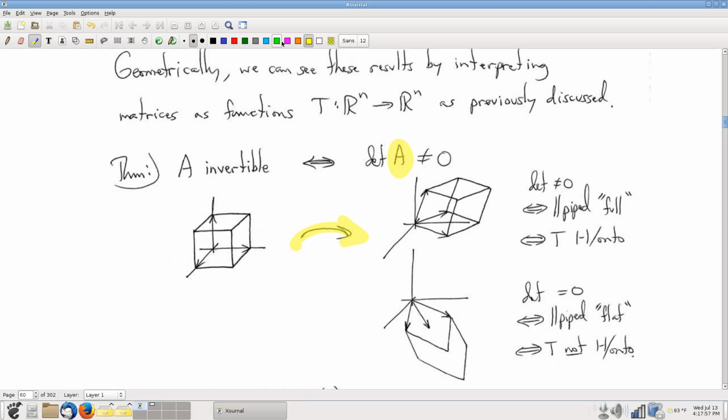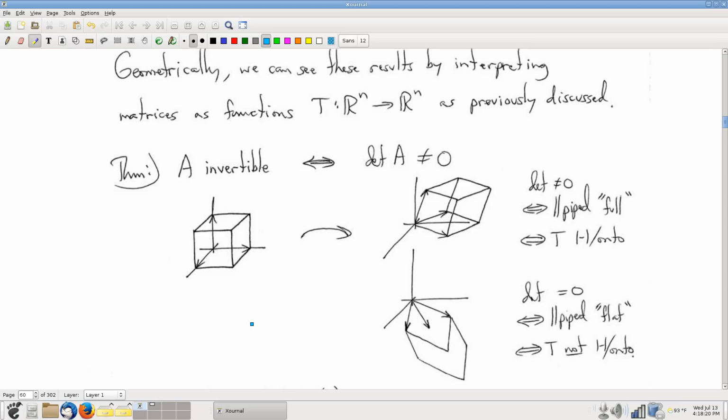In particular, we can think of what it does to the standard basis vectors, and then more to the point, what it does to the cube that's defined by the standard basis vectors, and it turns that cube into some sort of a parallelepiped. So that's one of our previous points of view on a matrix.